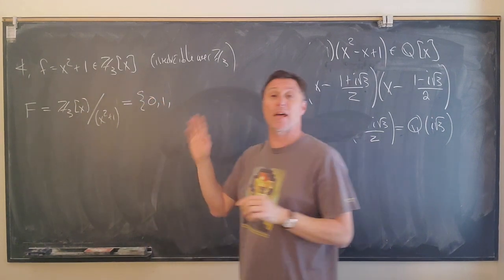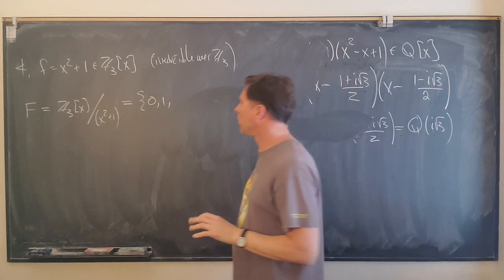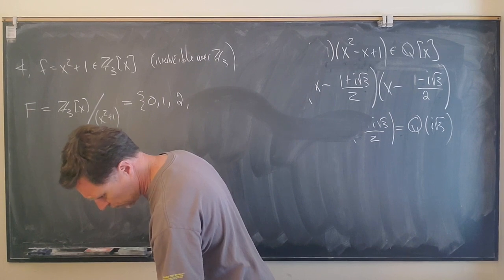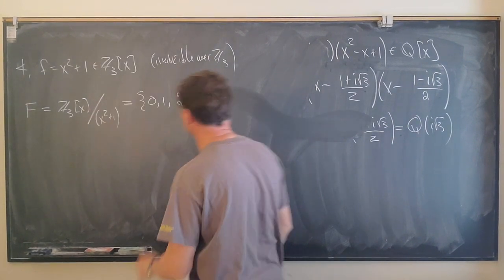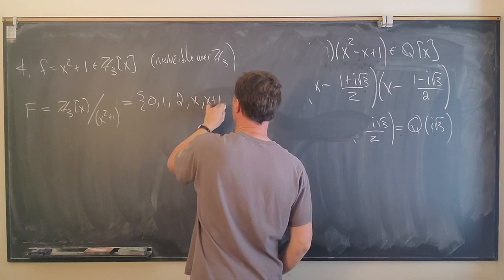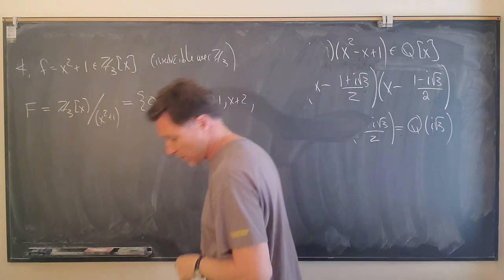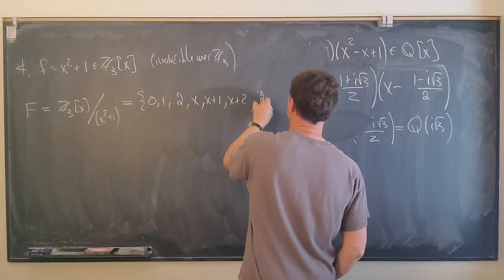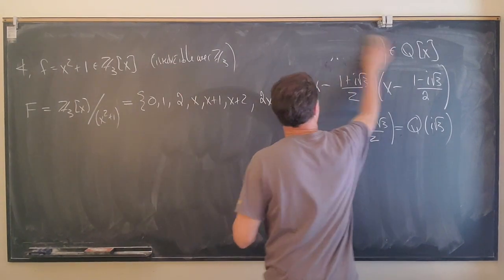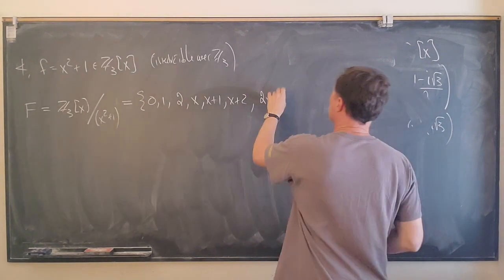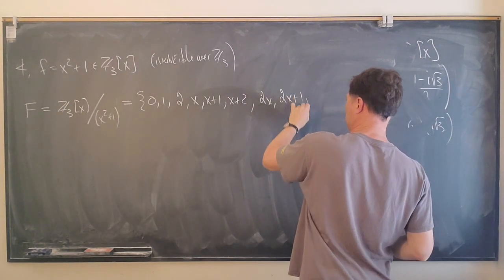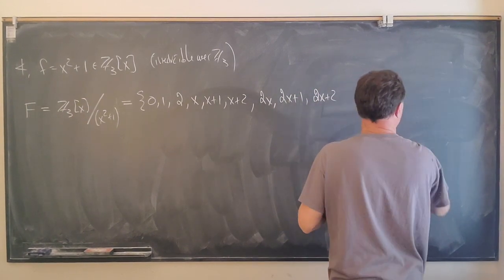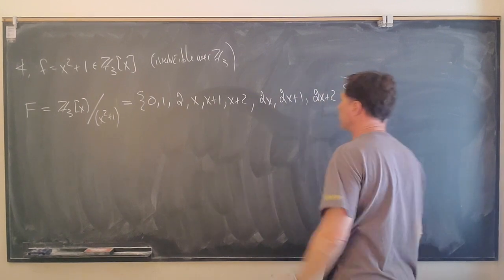I'm going to write down the coset representatives: 0, 1, 2, and then x plus 1, x plus 2, 2x, 2x plus 1, and 2x plus 2. So you could find this complete set of coset representatives just using the division algorithm.